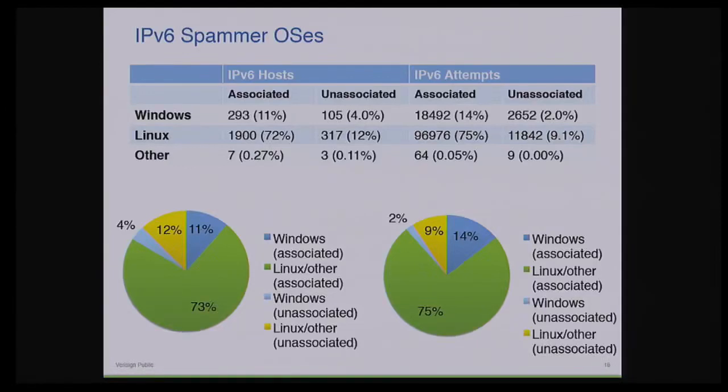Okay, but here's a breakdown in terms of IPv4 hosts that we saw. So on the left-hand side here, 72% of them were Linux machines, but we saw about 11% Windows machines in terms of associated hosts, and then some percentage of other that were hitting there.